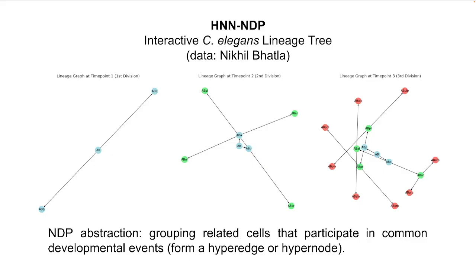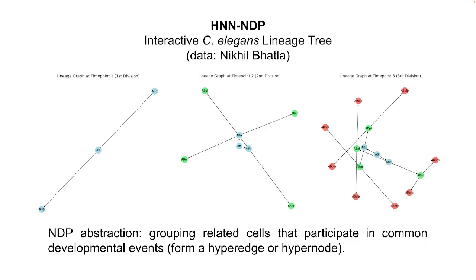So in this case, they form the AB sublineage in the lineage tree. Or so all the descendants of AB could be in a hypernode. All the descendants of ABA could be in a hypernode. We can organize the hypernodes in an arbitrary way, but they all have some common feature that they share.